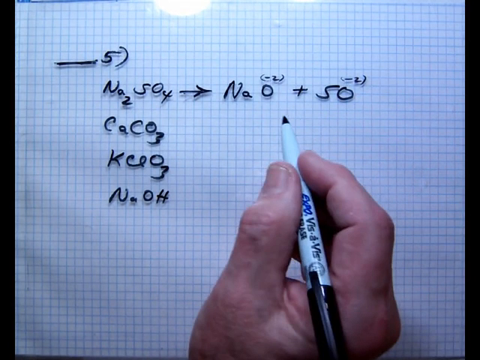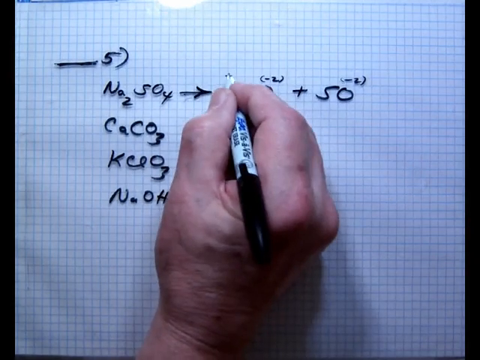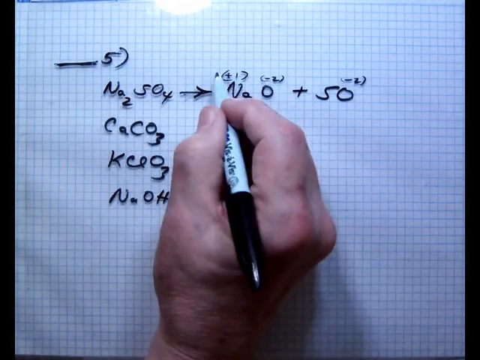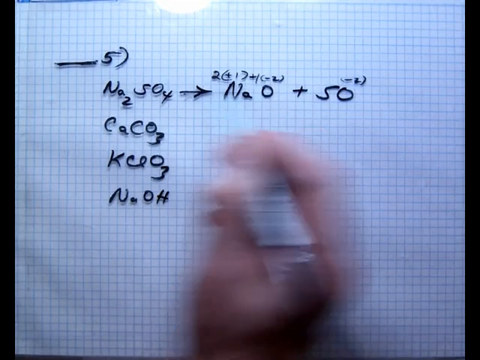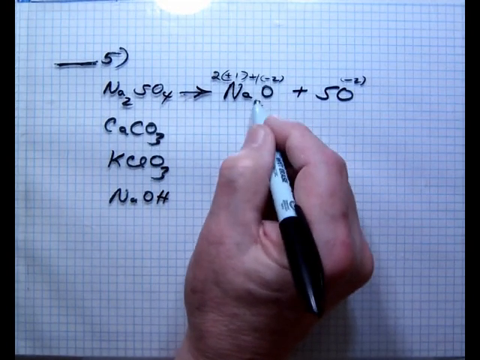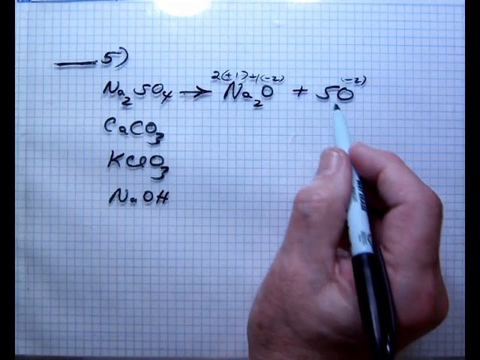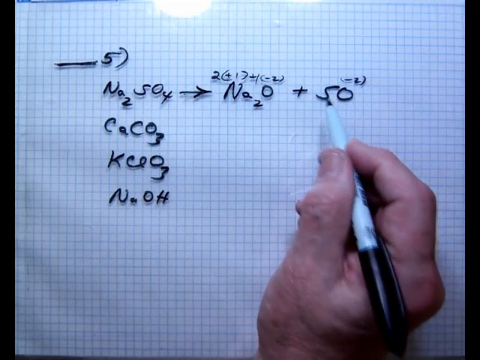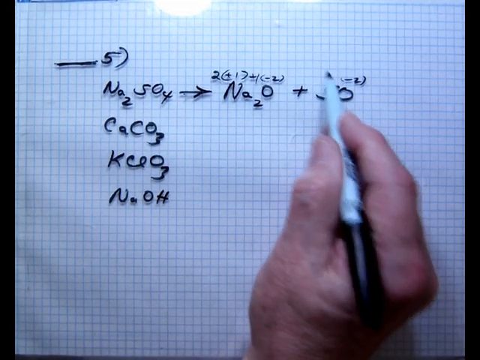Okay, sodium +1. So I need 2 of these so that the sum of these will give you 0. So I need 2 sodiums, or I can bring it down like that. The easiest way to deal with this, now in doing this actually sulfur's a +4 in this.